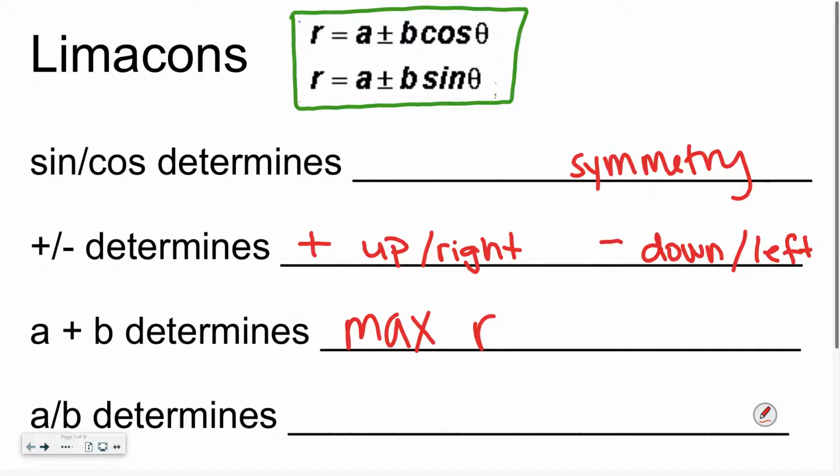This is going to give you the max r value. So it plays into where a majority of our curve is. That's where your max r value is. So if you have a plus b cosine theta, a majority of your limaçon is going to be to the right. Specifically, it's going to be a plus b to the right.